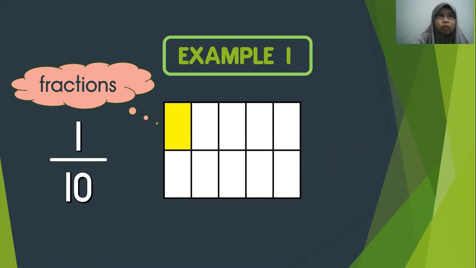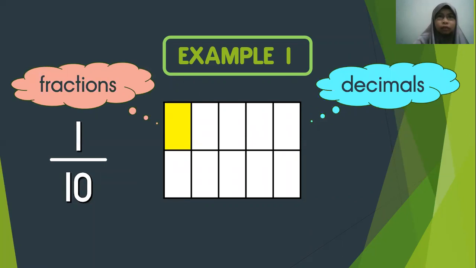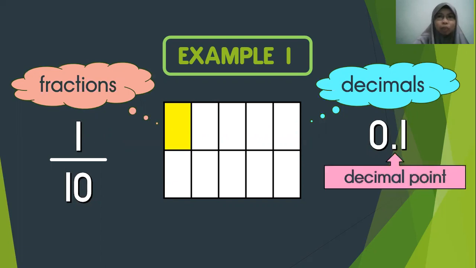So, how to convert this fraction into decimal? Okay, we can write as 0.1. If we can see between 0 and 1, we have a dot there. So the dot we call the decimal point.